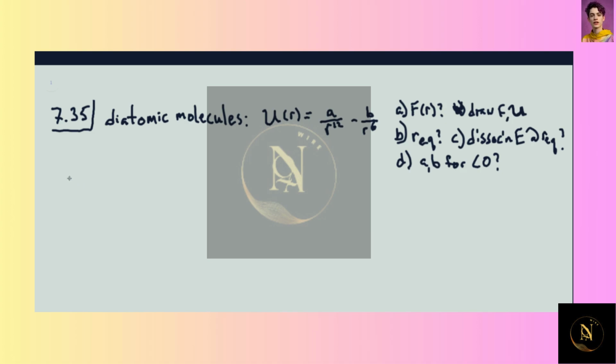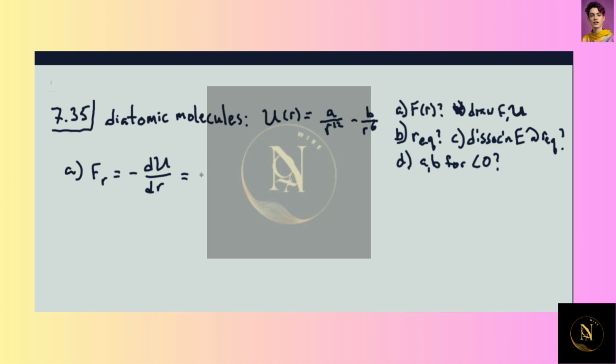So, the force is going to be entirely in the radial direction. It's going to be the negative derivative of the potential energy. So we see here this is r to the negative 12th.